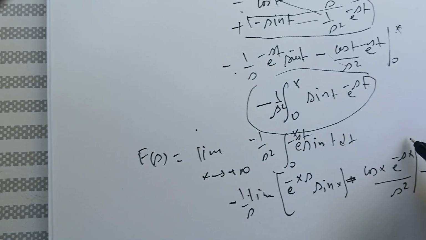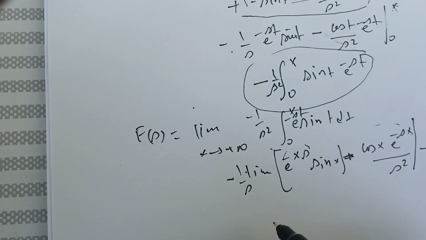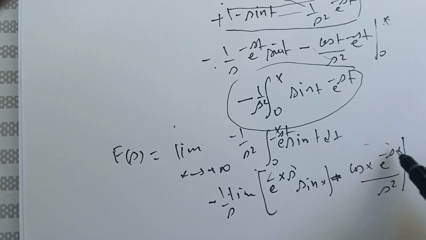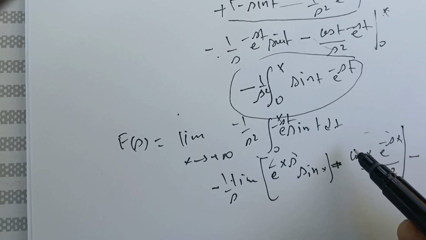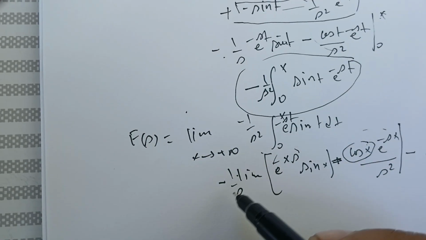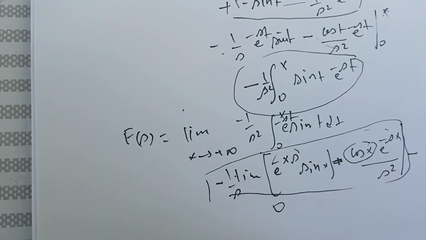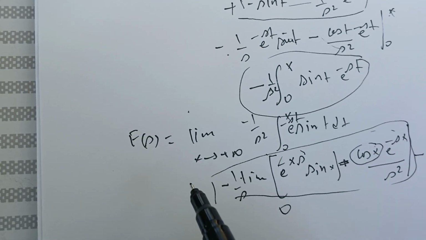Now the limit for this part here is 0, and this is 0, because the exponential e to minus sx wins over the cosine and the sine, and therefore this limit is 0. All I'm left with is this one.